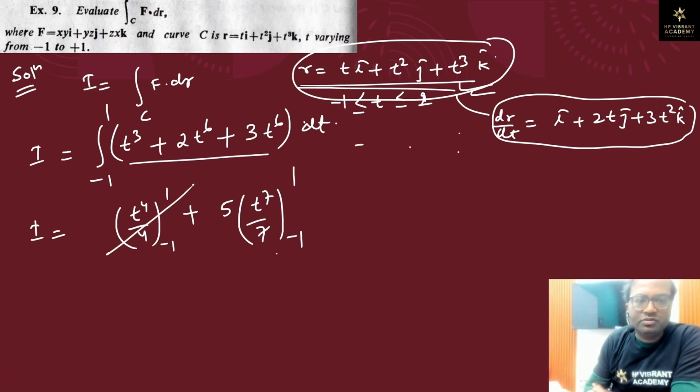So this will be 0 as this is an even function. So I is equal to 2 times 5 upon 7. So this is 10 upon 7, the answer.